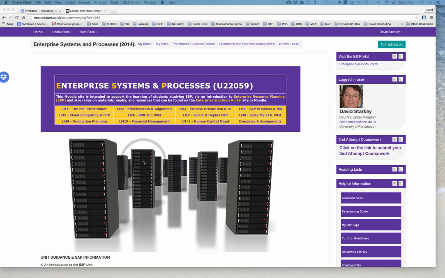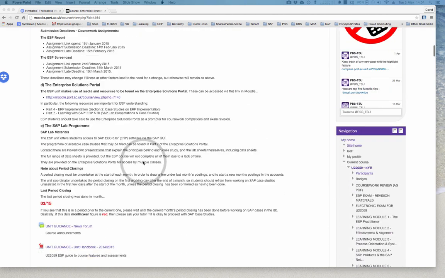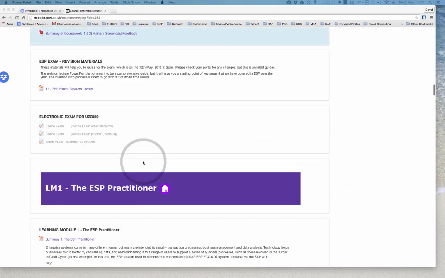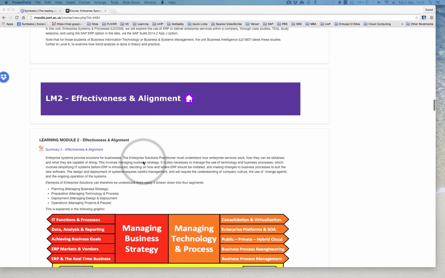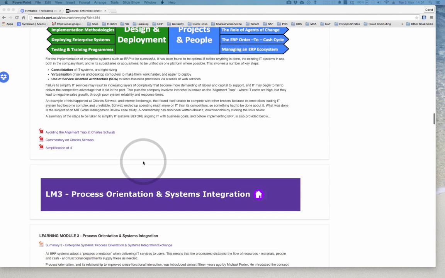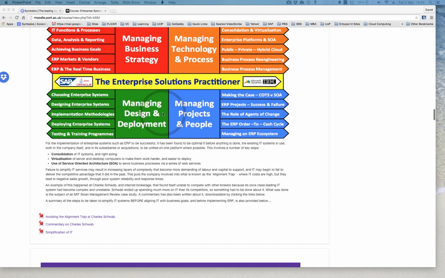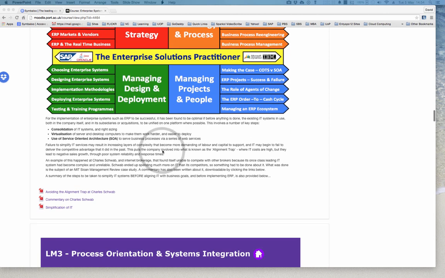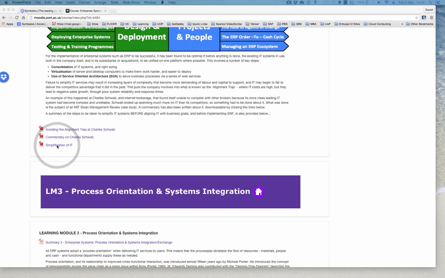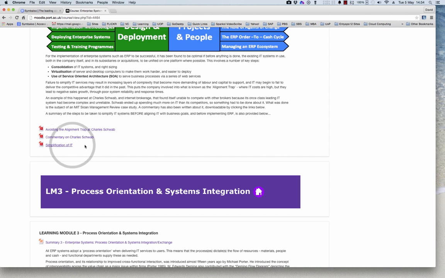So on this page, on the Moodle site, when we defined effectiveness and alignment, we looked at a lot of different things there. And you'll find that the simplification of IT document is available there.